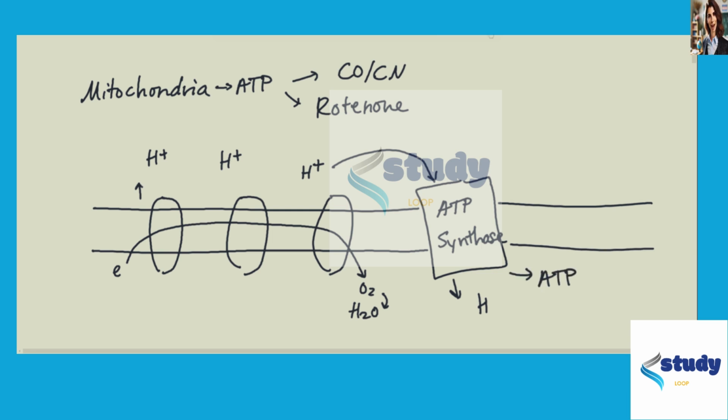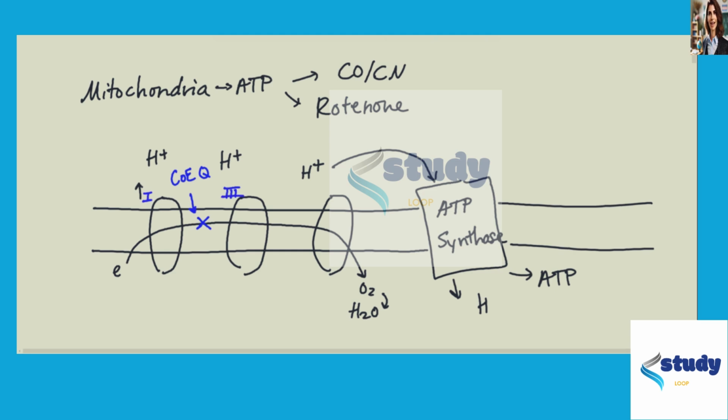For carbon monoxide or cyanide toxin inside the system, it's going to inhibit one of the protein carriers between this series of proteins that you may know as coenzyme Q. Coenzyme Q, or ubiquinone, is responsible for carrying the electron from the first protein in the electron chain over to the third protein.